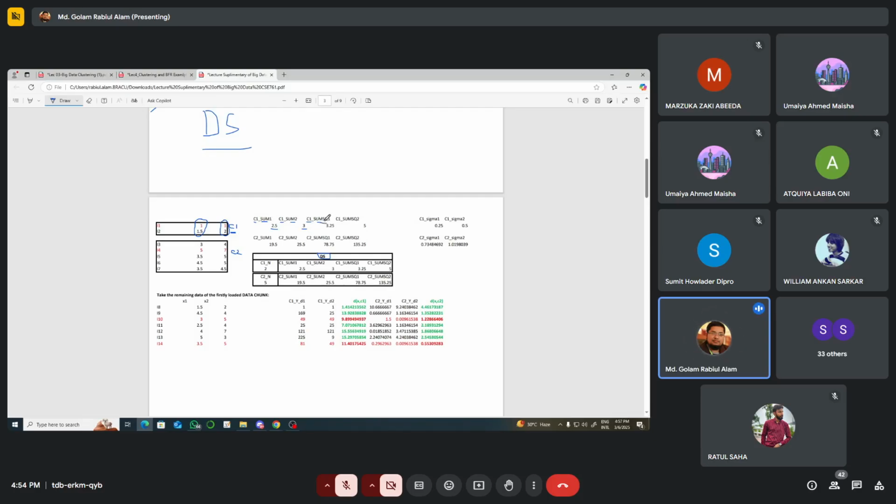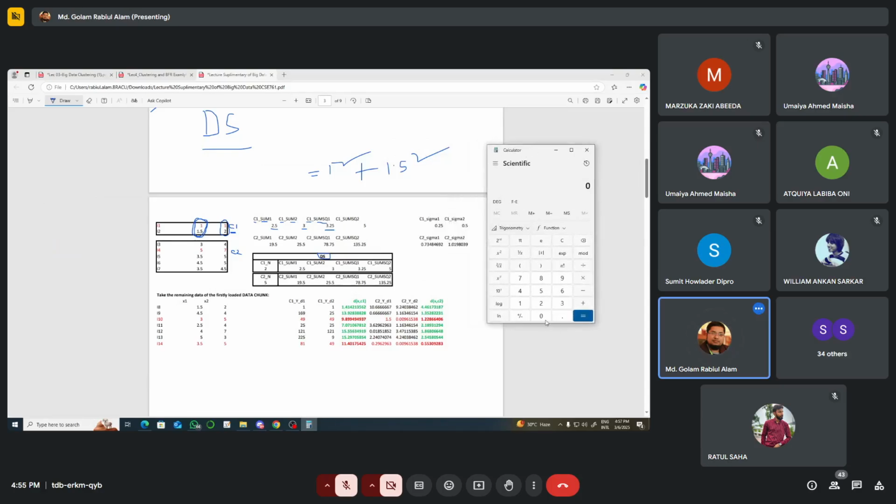For the first dimension, the elements are 1 and 1.5, so the square summation is 1 square plus 1.5 square, and you will get 3.25. Here is the 3.25.